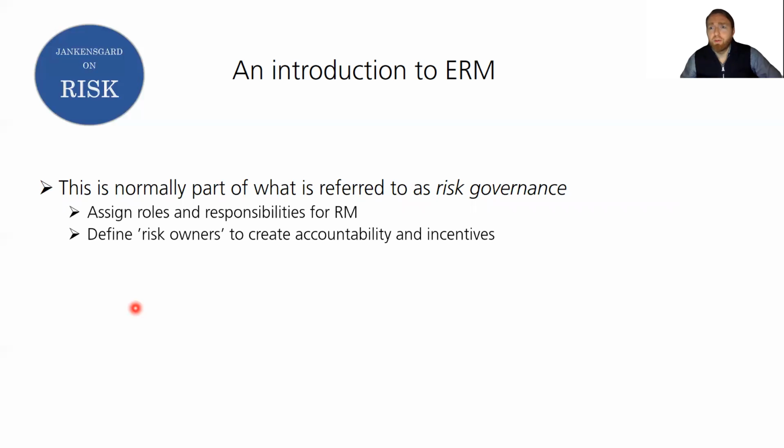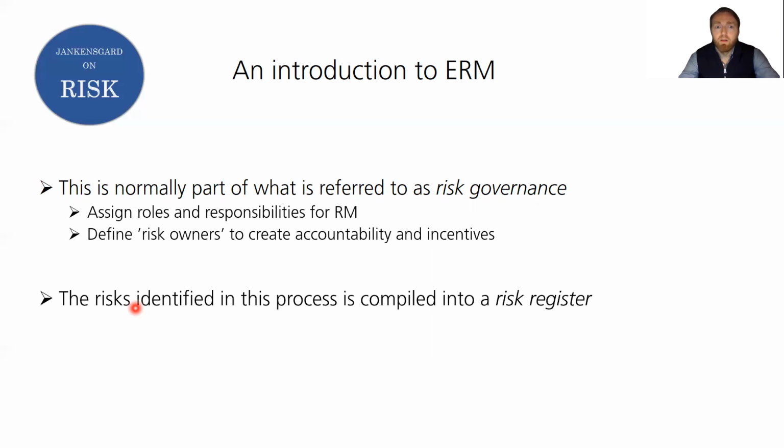You're the risk owner if you're responsible for managing a particular risk, and you therefore have incentives to look after that and do your best to implement sensible risk management. And you're also accountable now because you've been assigned the owner, and it's clear that you have the responsibility, whereas before maybe people would just assume that somebody else would take care of the problem, right?